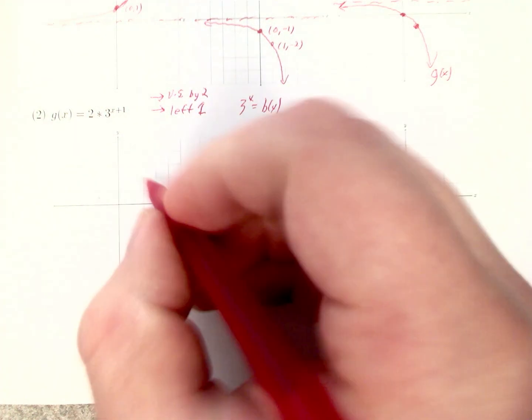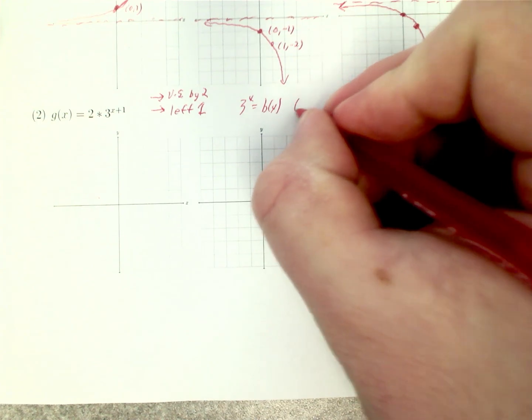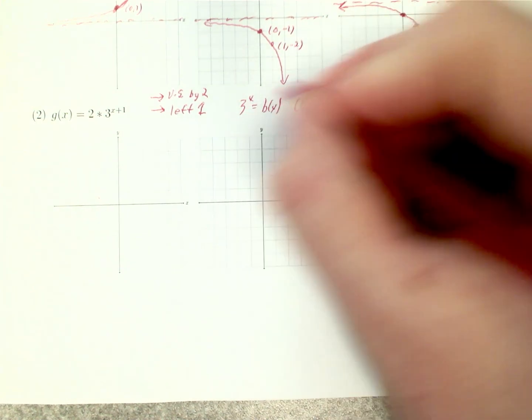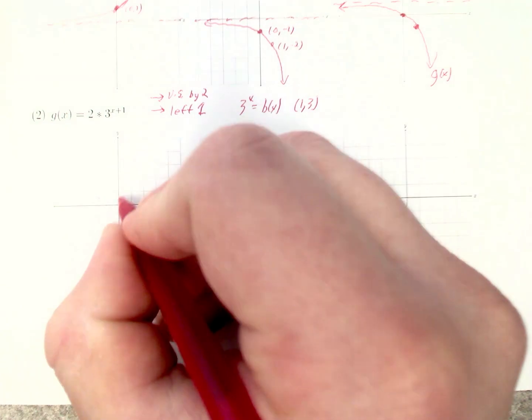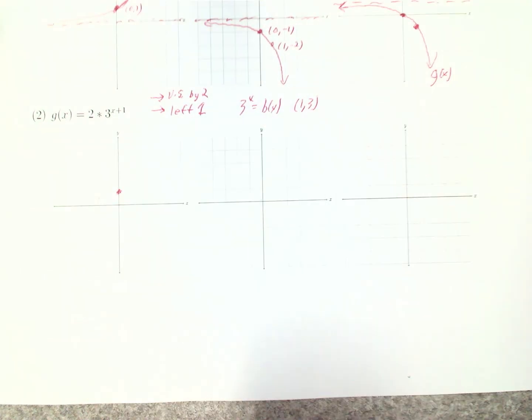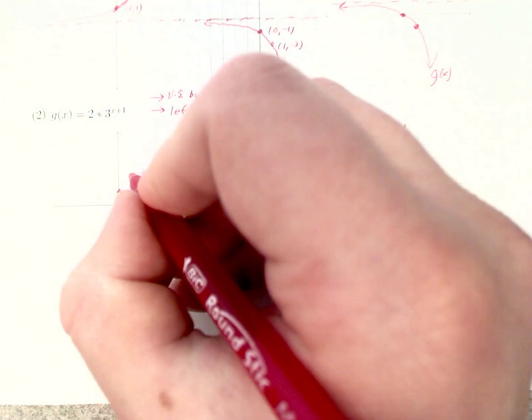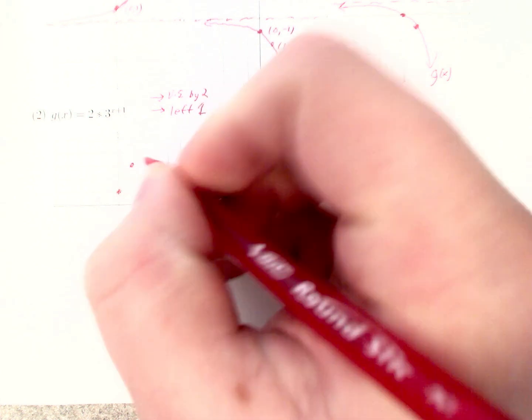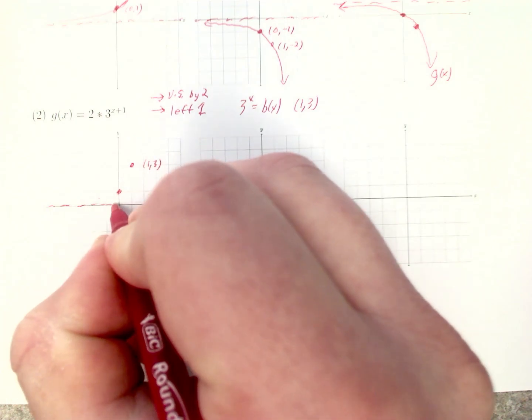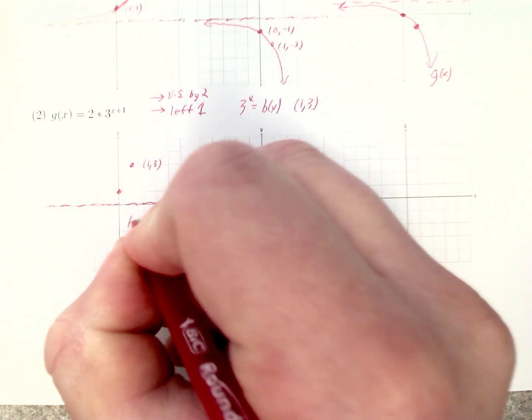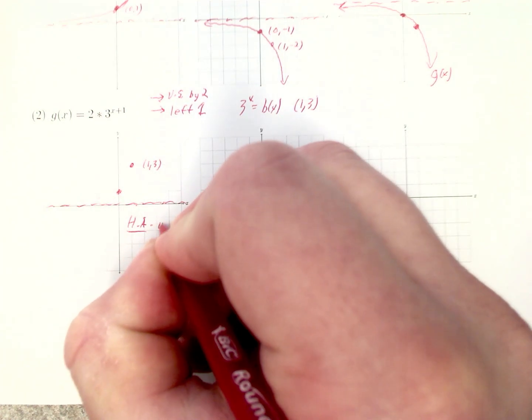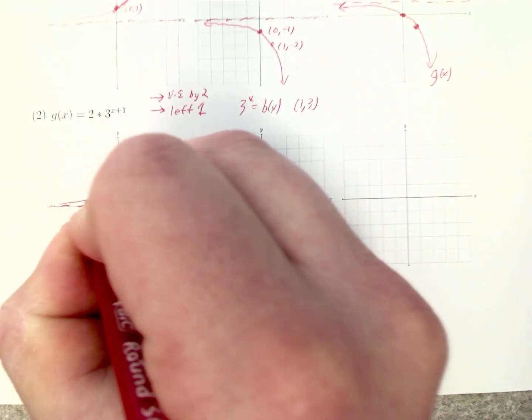So 3 to the x gives us base points of 0, 1 and, when we plug in 1 for x, we get out 3, so 1, 3. We have a horizontal asymptote.